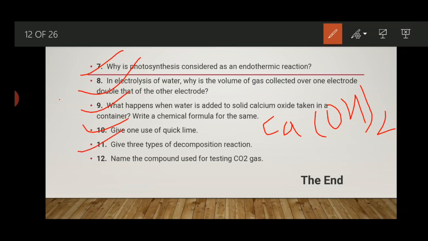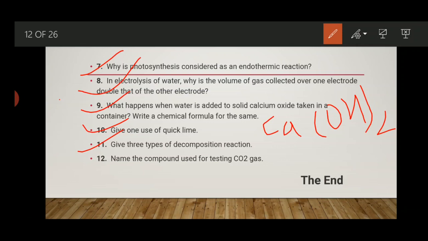11th question is, give three types of decomposition reaction. The three types are thermolytic decomposition reaction, photolytic decomposition reaction and electrolytic decomposition reaction, that we already discussed. The decomposition reaction which takes place with the help of heat is known as thermolytic decomposition.